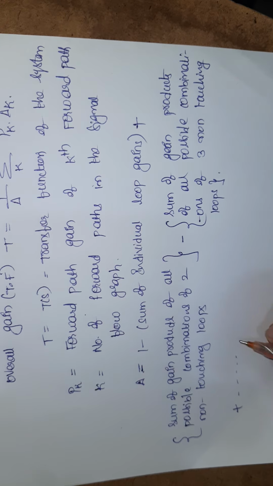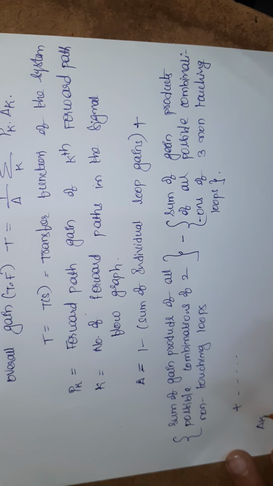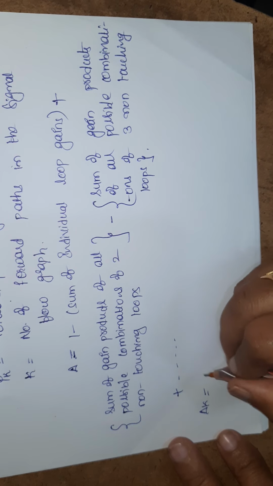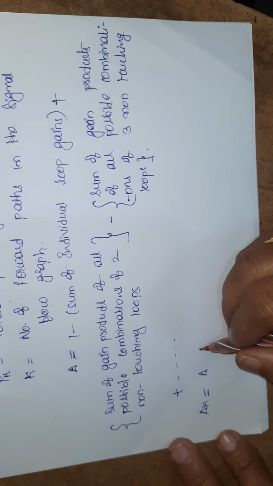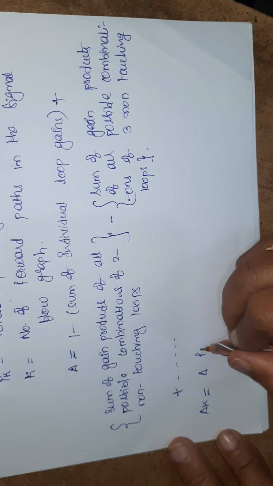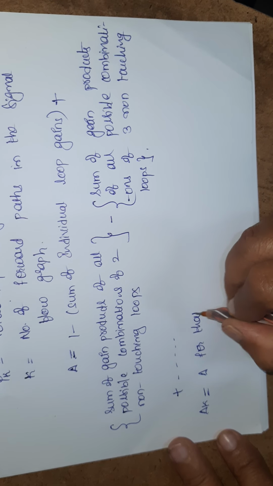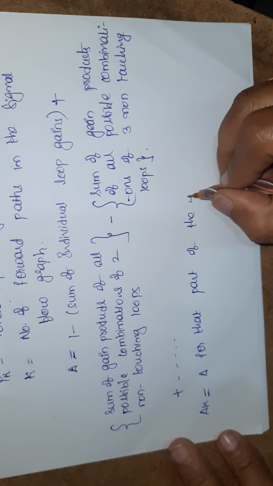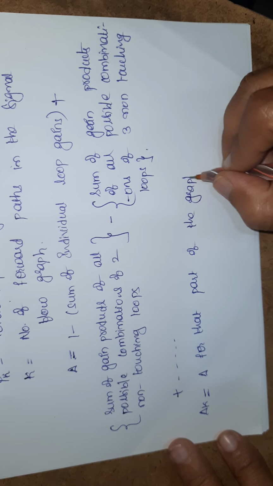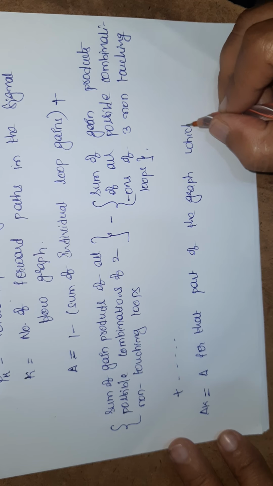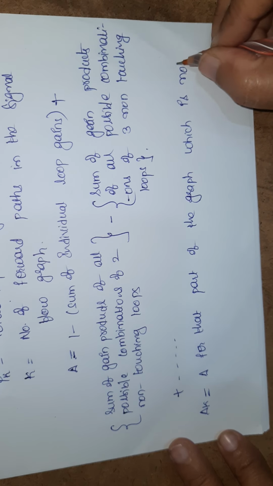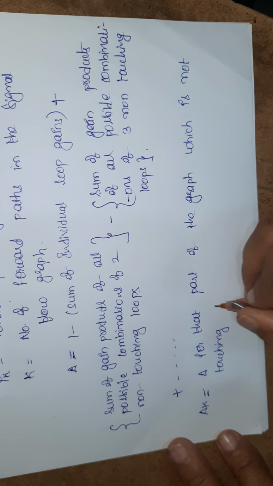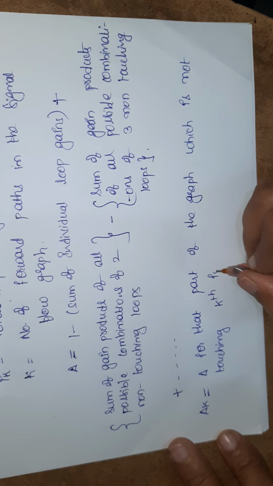Next, what is del suffix K? Del suffix K is the del for that part of the graph which is not touching the Kth forward path.